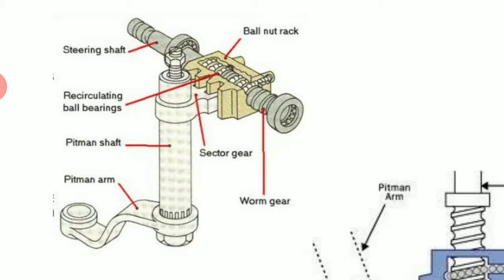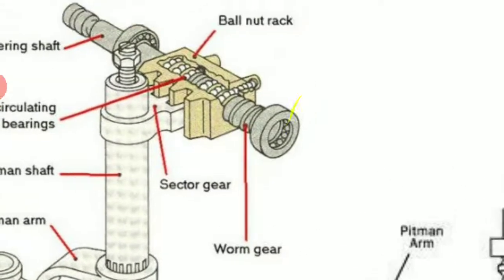These balls reduce friction during the movement of the nut on the worm. The drop arm is rigidly attached to the wheel sector, and the teeth of the wheel sector mesh with the teeth of the nut. The drop arm in turn is connected to the link rod, through which it swivels the road wheels. So that is how the system is provided.